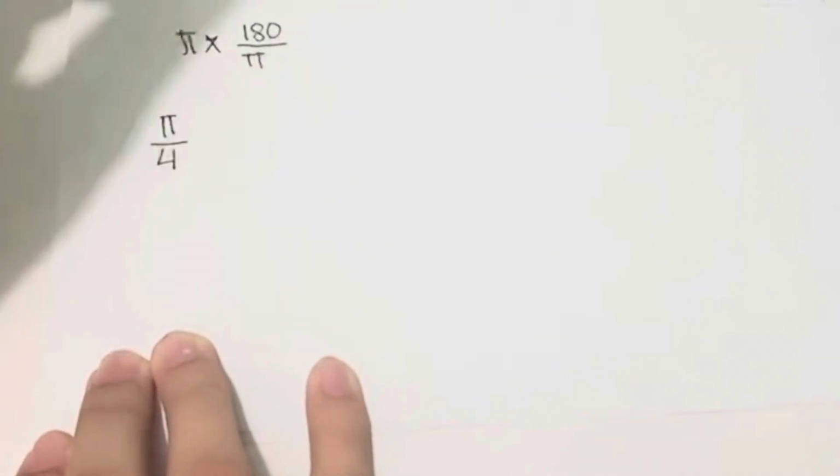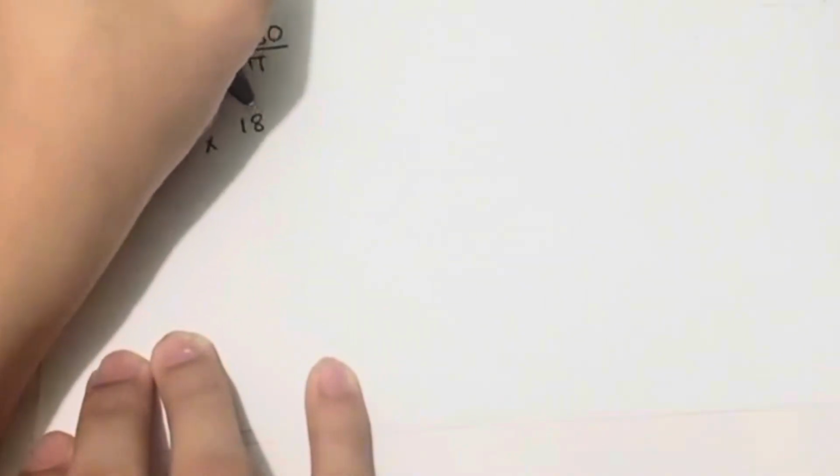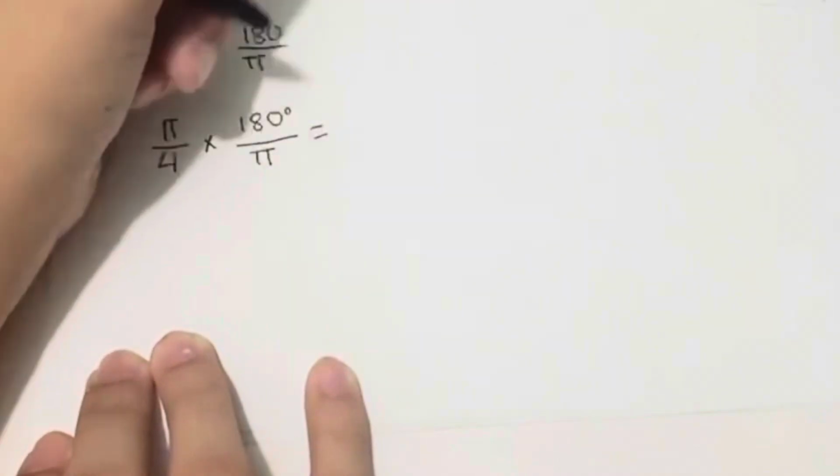Another one is radians to degrees. Always remember that pi is equal to 180. This is the formula for radians to degrees. Before we begin the conversion process, you have to know that pi radians is equal to 180 degrees, which is equivalent to going halfway around a circle. Pi over 4 multiplied by 180 degrees over pi equals 45 degrees.